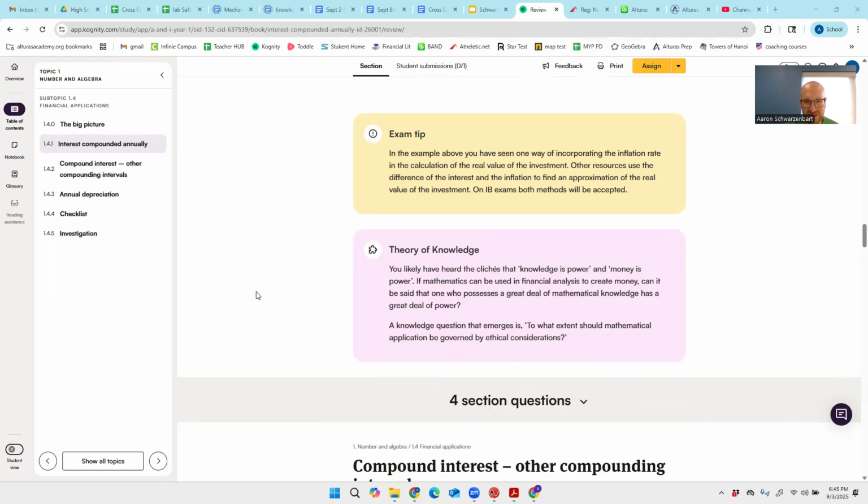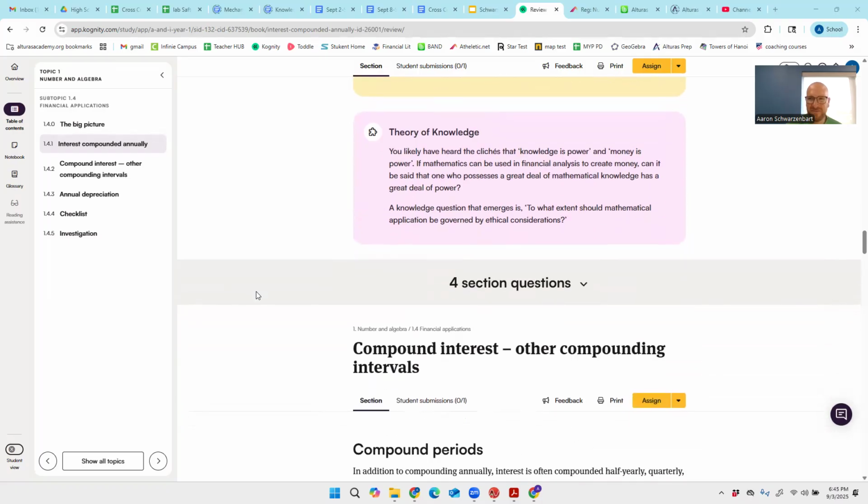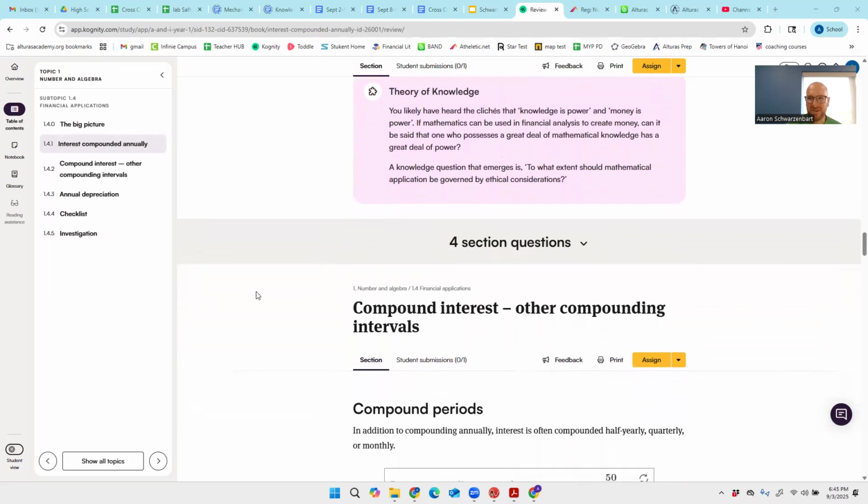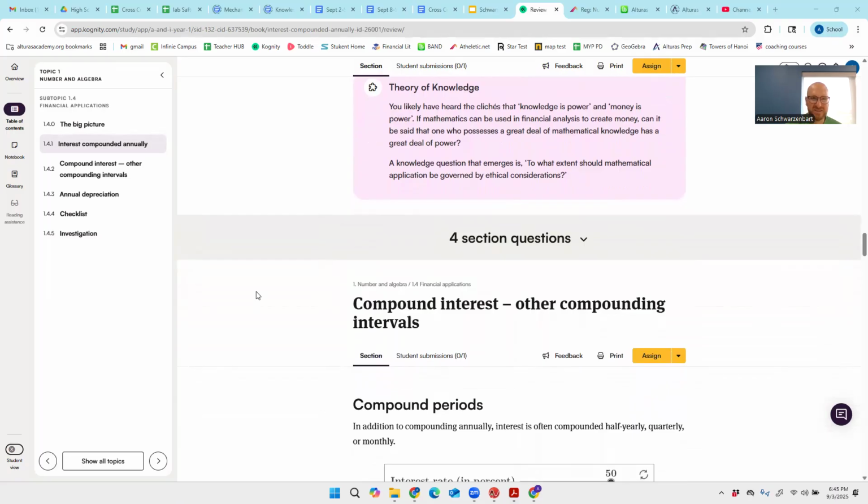The knowledge question: to what extent should mathematical application be governed by ethical considerations? Think about that. Is there any ethics in using math or something else to gain power or wealth? It doesn't always work as well as you might want, unfortunately. But think, are there ethical considerations to using your knowledge for power?